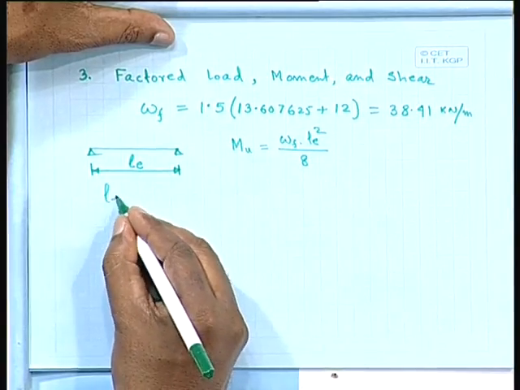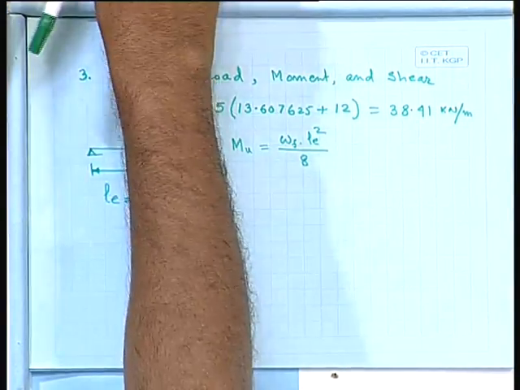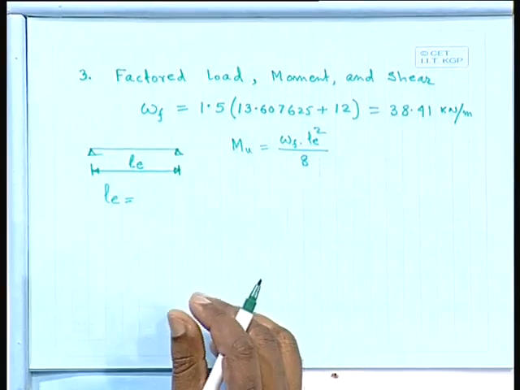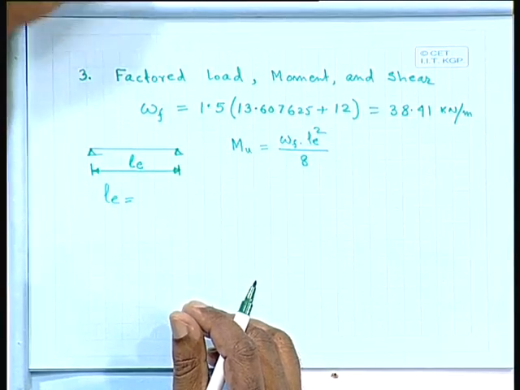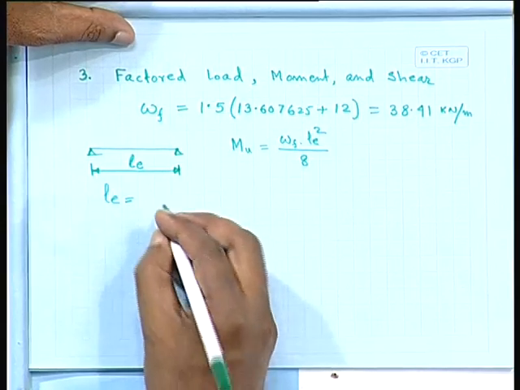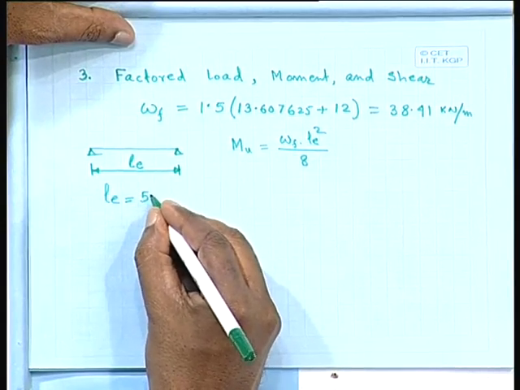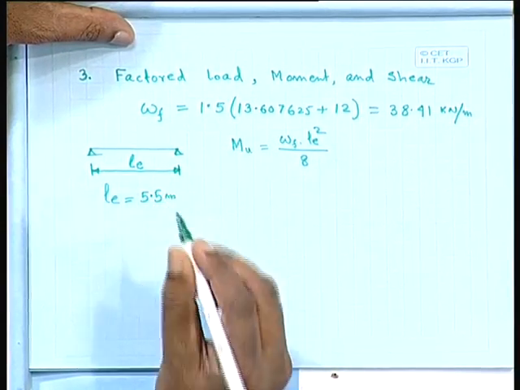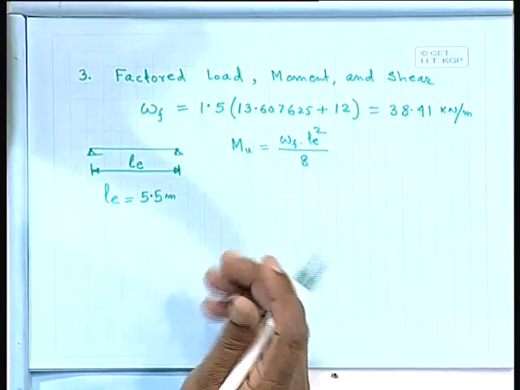So, Le will be equal to the value given here, 5 point... I think we have missed it. So, let us take that data, say 5.5 meter, the distance center to center between two walls, and that is the effective span we shall take here.